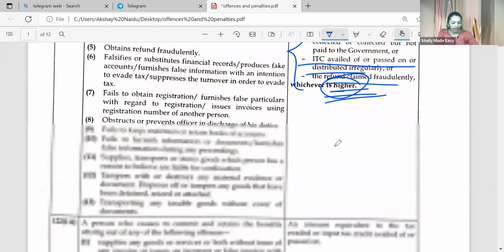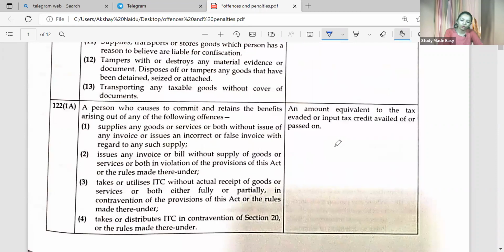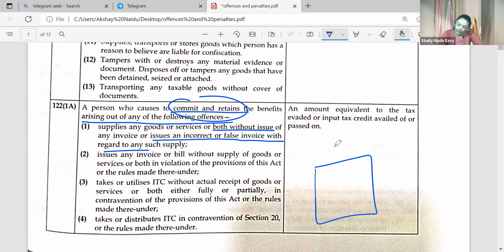Now, after this, a person who causes to commit and retains the benefit arising out of any of the following offenses. Now you are trying to get the benefit from any of the offenses. Supply of goods or service without issue of invoice, or issue of incorrect or false invoice. Now you are giving the invoice, but that invoice is incorrect.